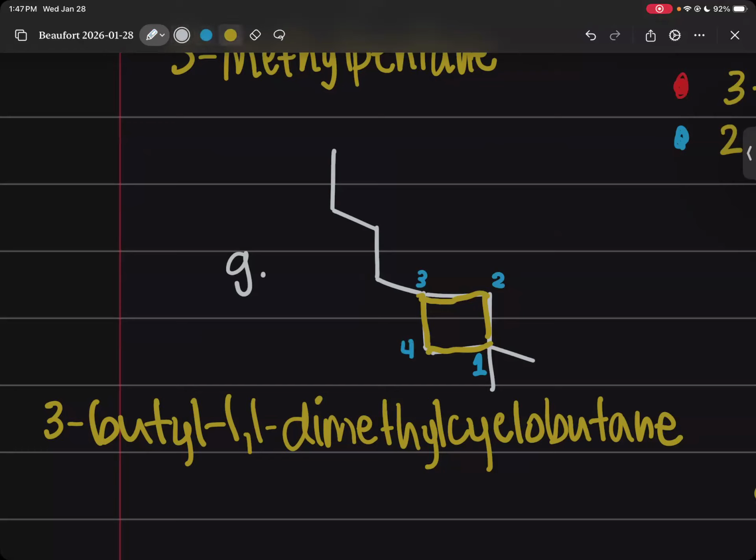That puts the butyl group on 3. 1, 2, 3, 4 carbons, butyl. Or we can go clockwise. 1, 2, 3, 4. Same thing. Yep, it's always gonna be on 3.